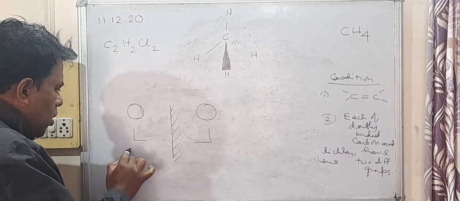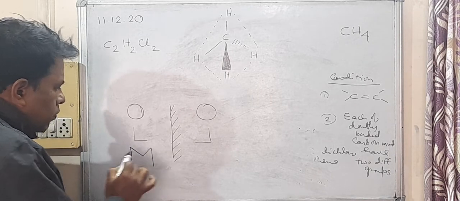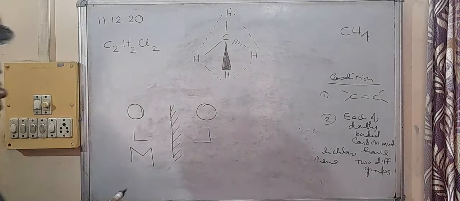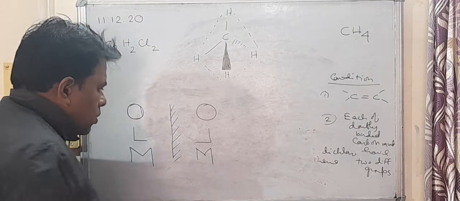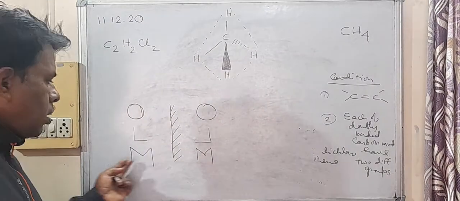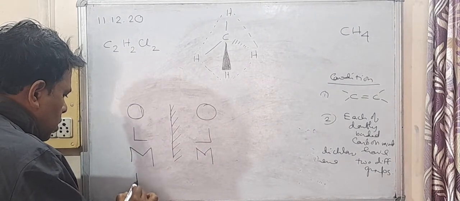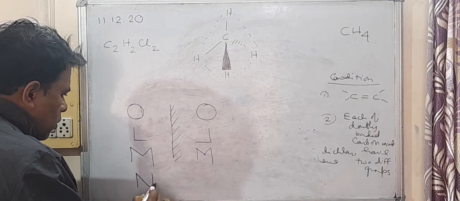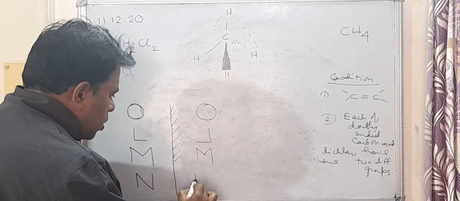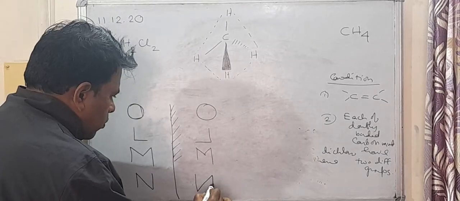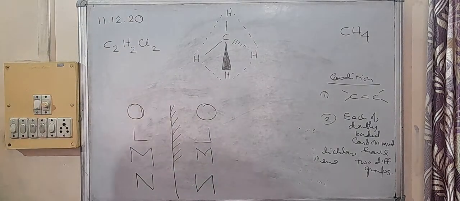Same, suppose this object M, the image will be like this, and if I bring it here, it will coincide. Say this letter N, the image will be like this, and if I bring it over it here, it will not coincide.